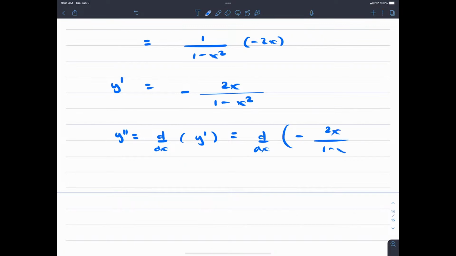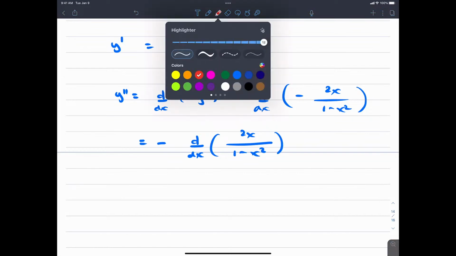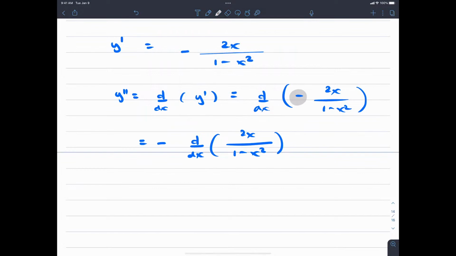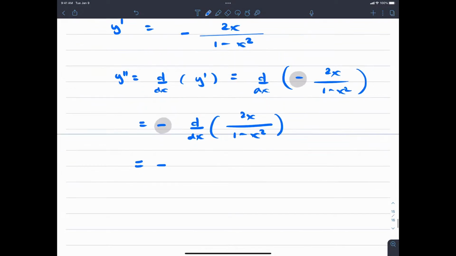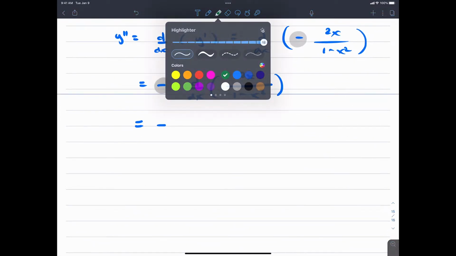So, maybe I would say to you guys, use that property, pull out the negative sign, right? You could do it this way. There's a few ways you can do it, but I'd maybe do it this way. You're pulling out the constant, right? So what you want to do now is make sure you what?